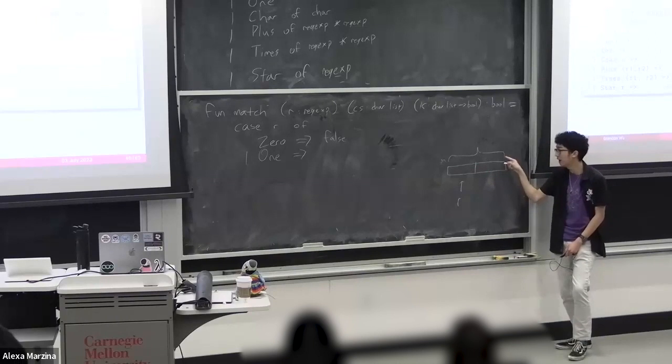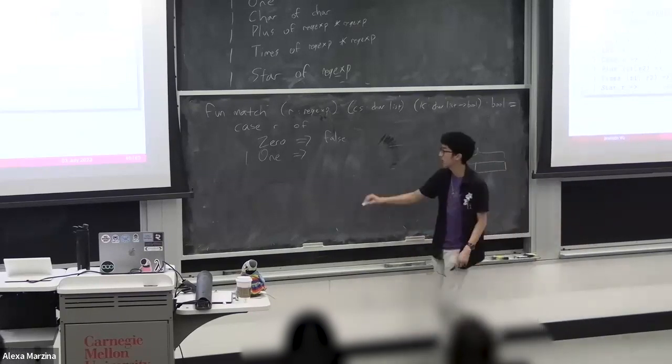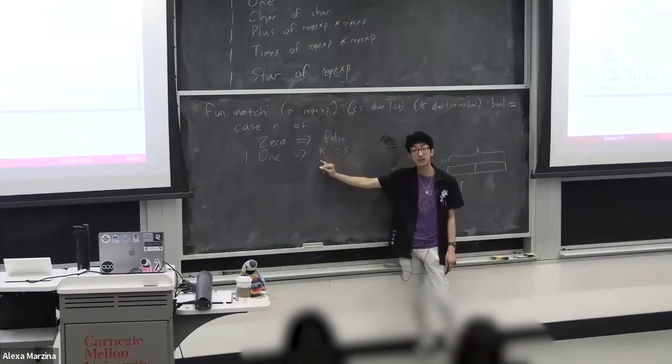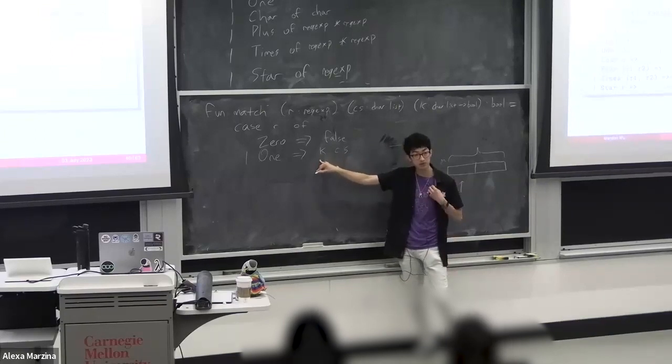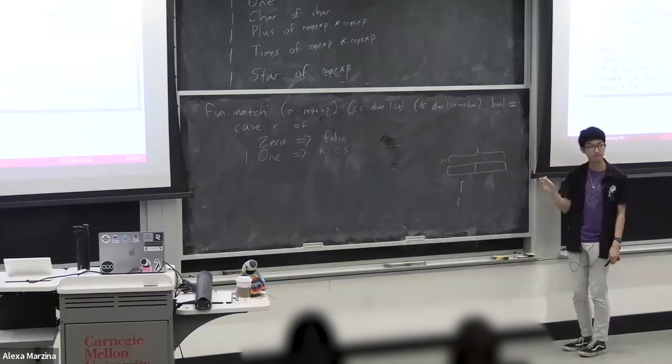I must have that this suffix, whatever suffix I choose, satisfies K. So this is true if and only if Cs, the entire character list, satisfies this K. Does that make sense to everyone? Okay. So I'm just checking that this one suffix I can choose satisfies K.